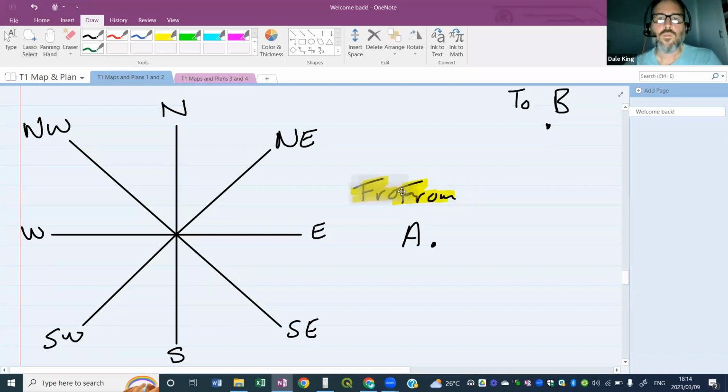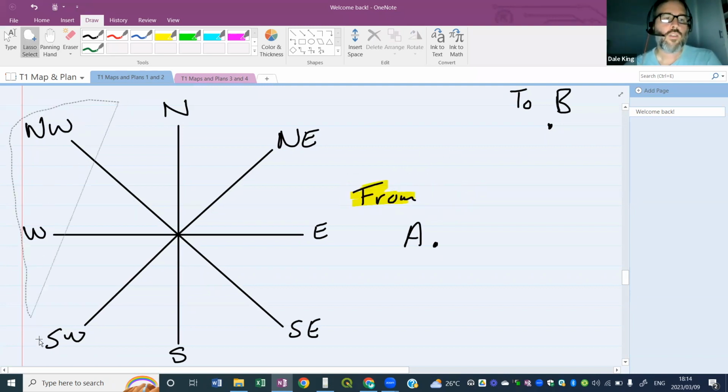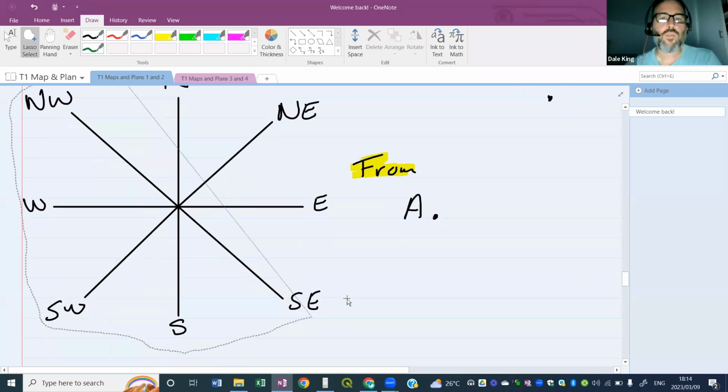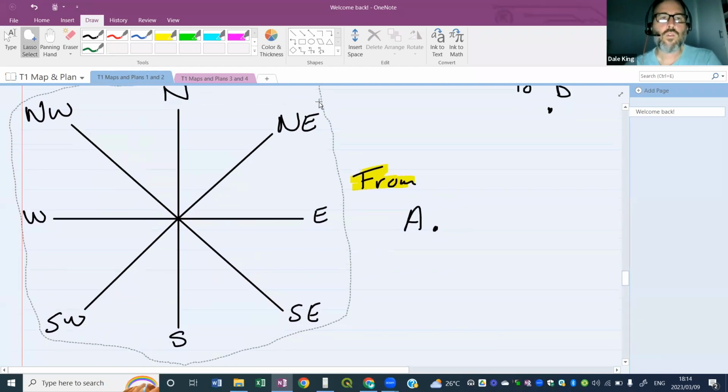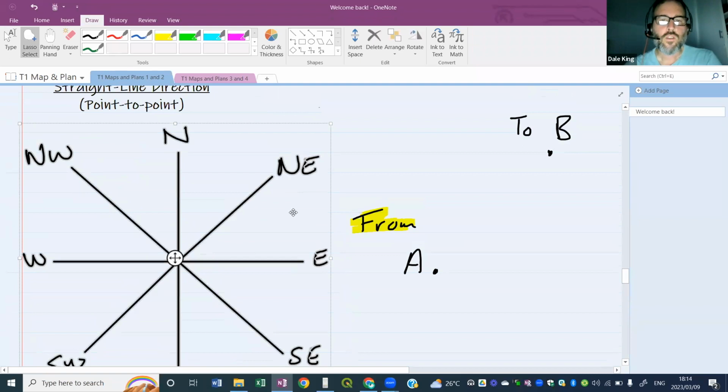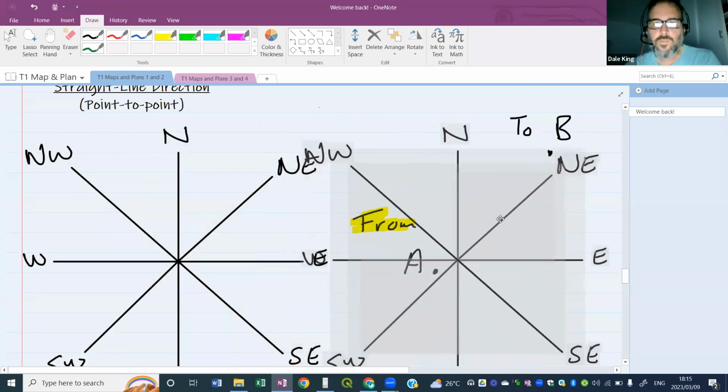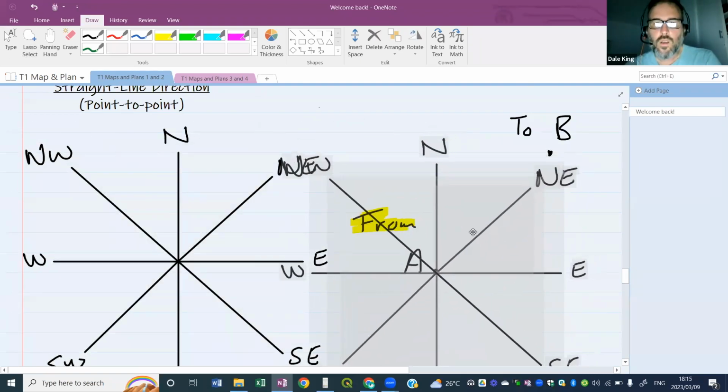This word from is where our compass is going to be. I'll just move this word from to the side, and I'm going to take my compass. We're going to imagine that we place the compass on the word from. I could move this whole compass to the point that is from and have a look.